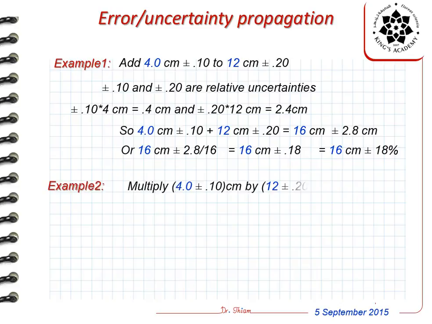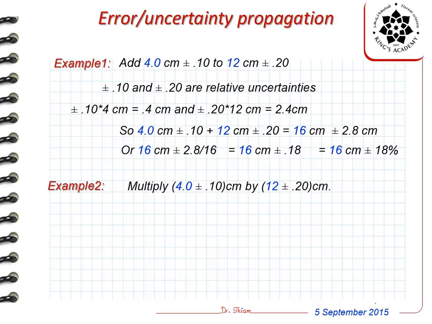Let's hit example 2. Now in this case, we are multiplying two numbers again, 4.0 by 12. And we have an absolute uncertainty of 0.10 on the 4 and another absolute uncertainty of 0.20 on the 12. These uncertainties, of course, are absolute because we have units on them. So we need to convert them to relative uncertainties, and then we add those relative uncertainties.